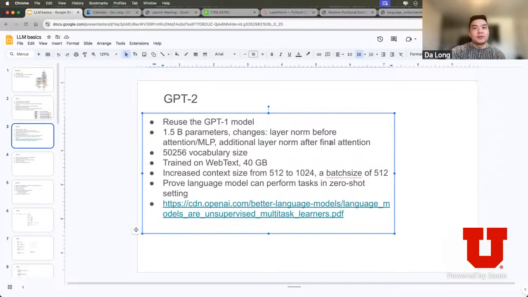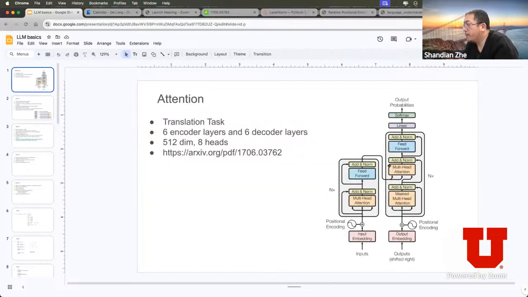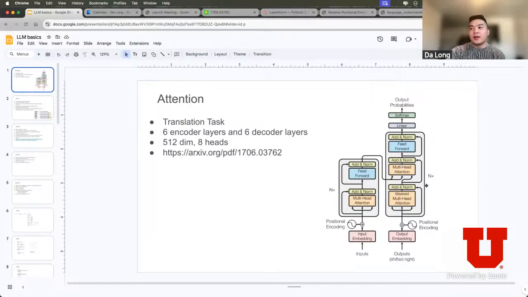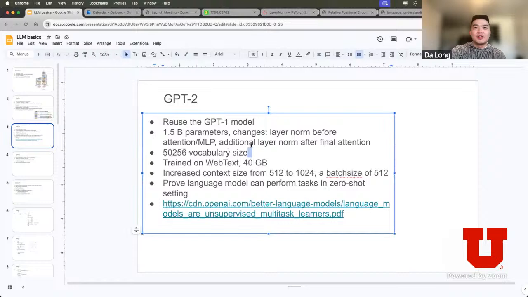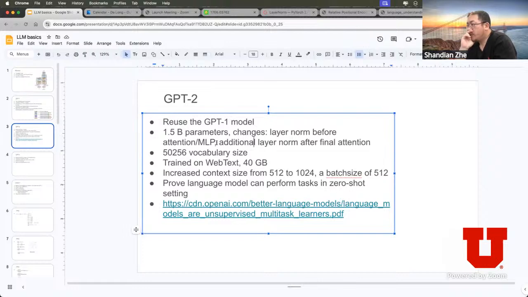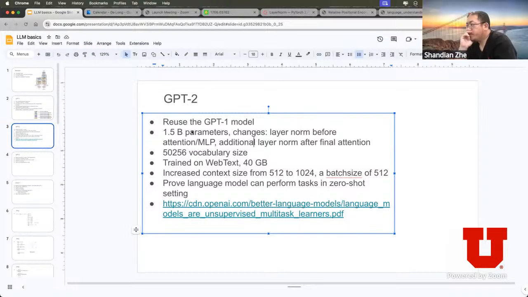So after the final attention, they do an additional layer norm, and then they do a linear layer. I thought the last layer is made of attention and the feed forward. But because they put the layer norm before the attention and the MLP, in the final block they put an additional layer norm after it. Yeah, that makes sense.